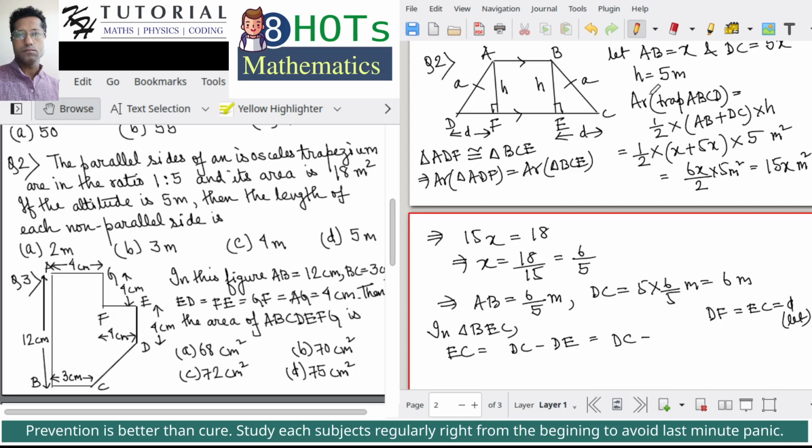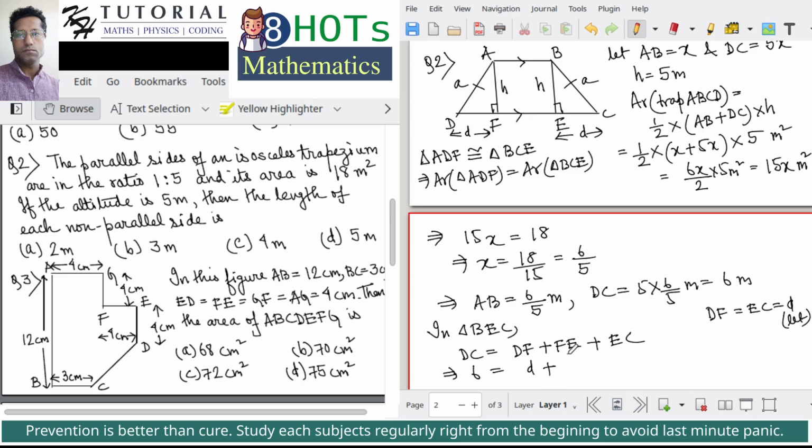Now, we can easily find d from the fact that DC is equal to DF plus FE plus EC. DC is 5x, so DC is 6 meter. So we have 6 is equal to DF, which is d, plus FE, plus EC, which is also d.